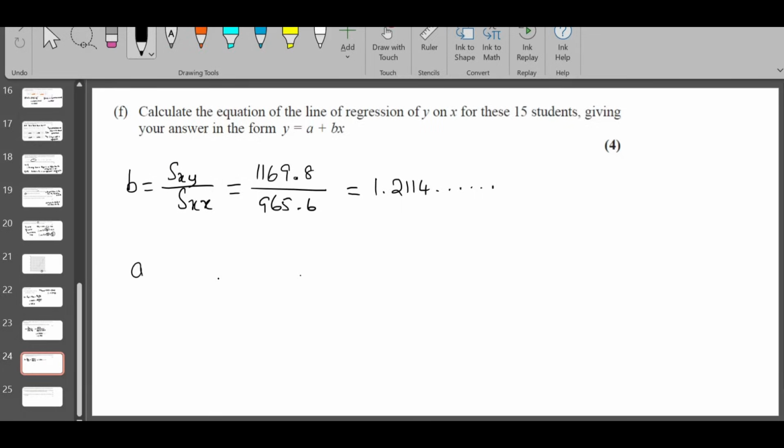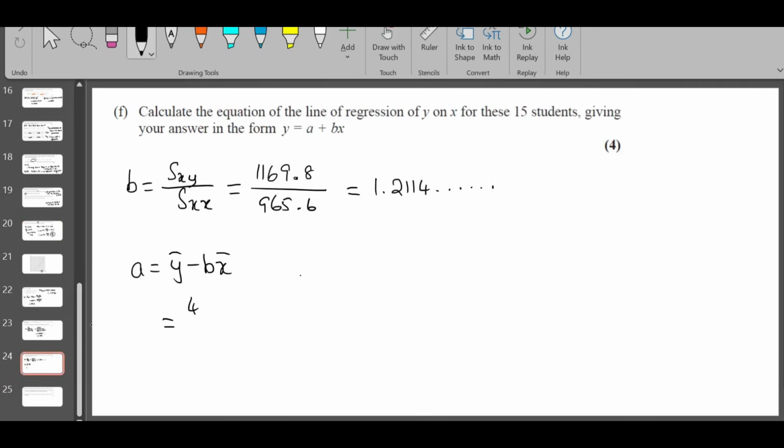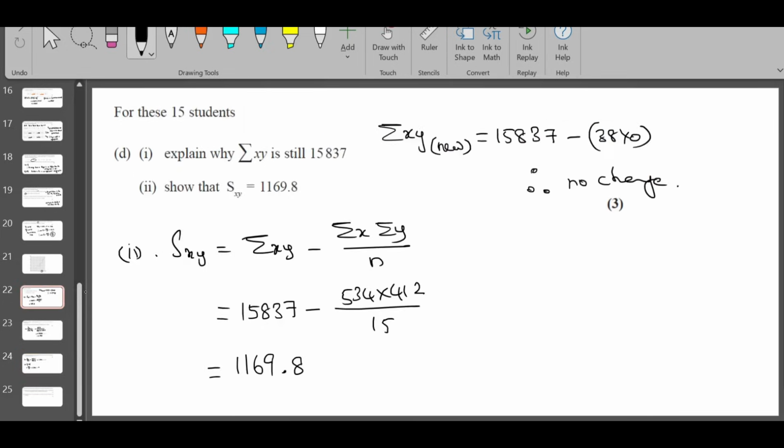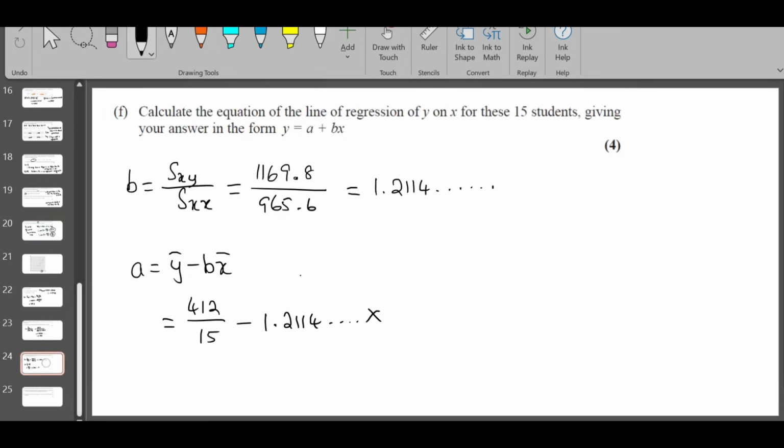Now let's find a. The formula is y bar minus b x bar. We have calculated y bar here, which is this, the circled one, 412 over 15. 412 over 15 minus b times x bar. We have calculated x bar here, 35.6.